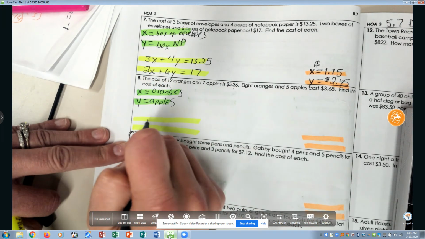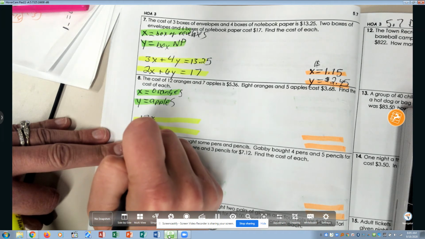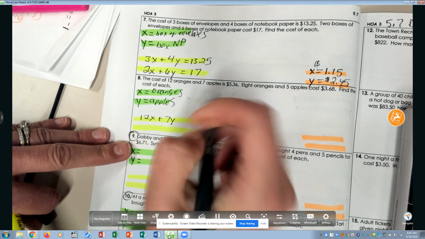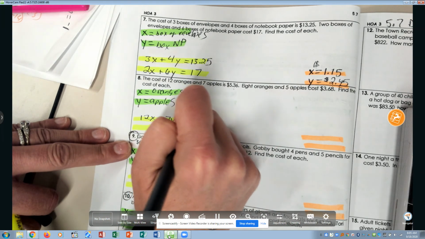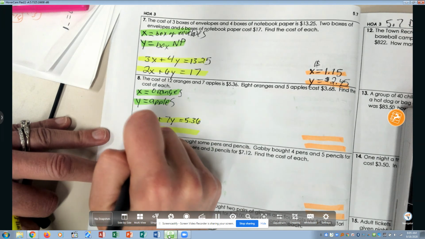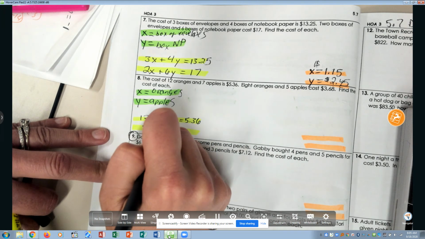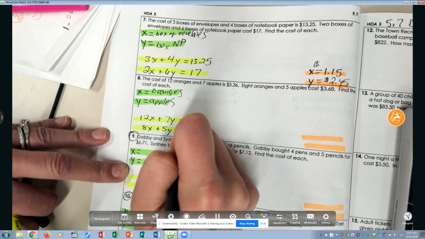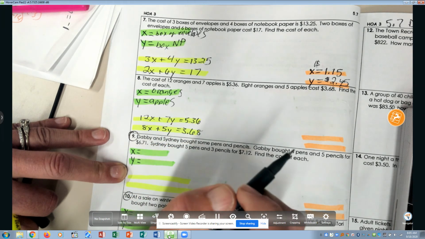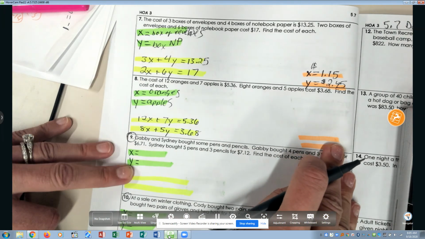So 12 oranges, 12x, plus 7 apples, 7y, equals $5.36. 8 oranges, 8x, and 5 apples, 5y, cost $3.68. Find the cost of each.